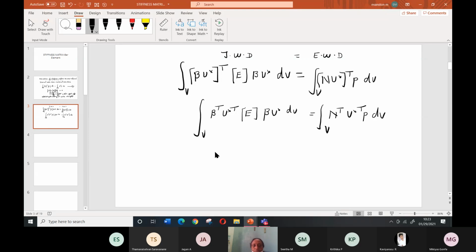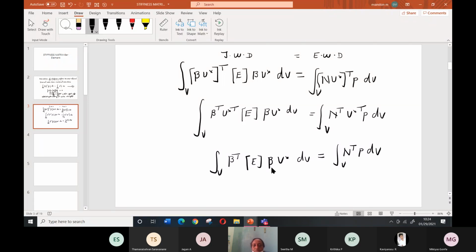Can you take the U transpose commonly outside from here? When you take it, it will get cancelled. Finally, you will get the integral of beta transpose E into beta into U star into dV is equal to the integral of N transpose P into dV.